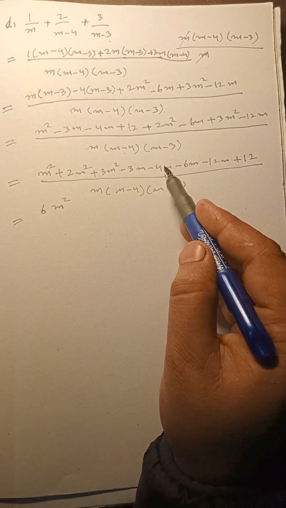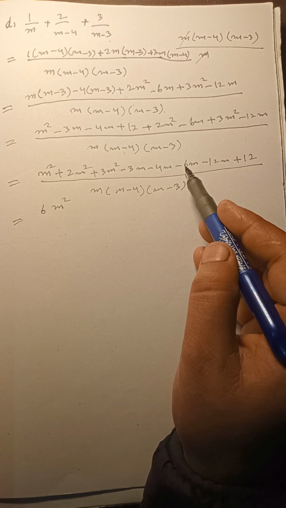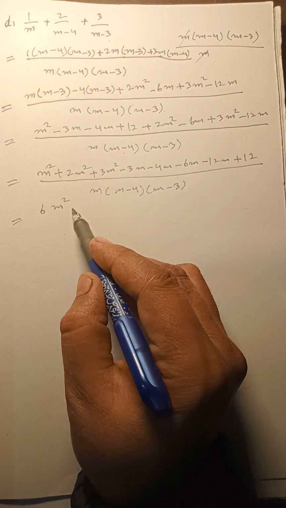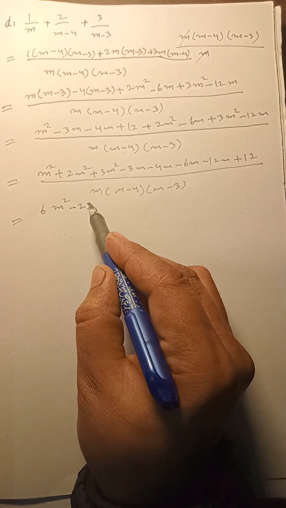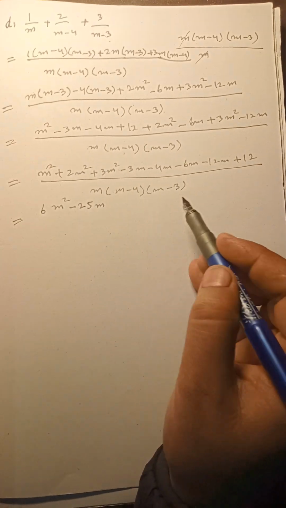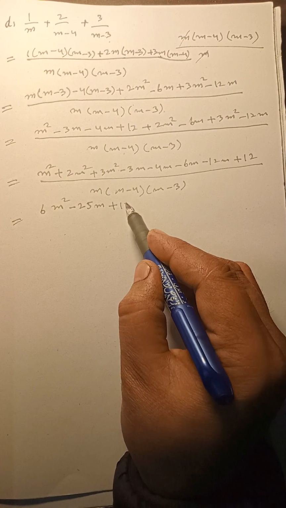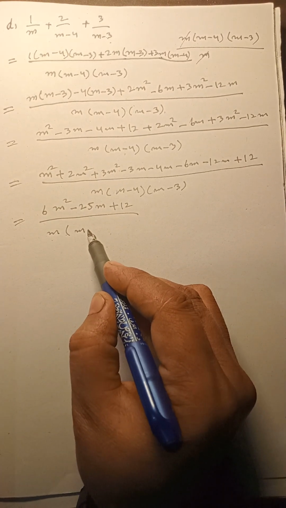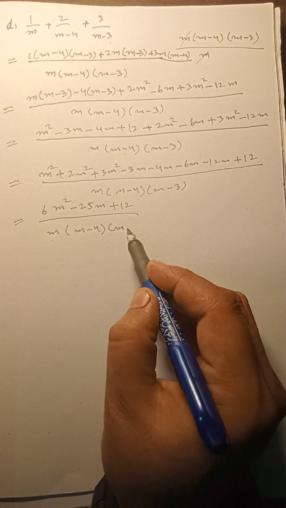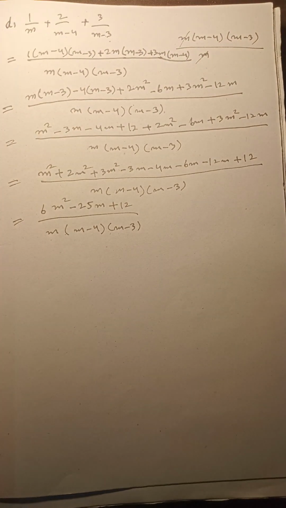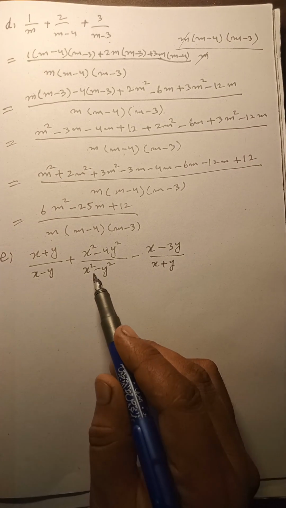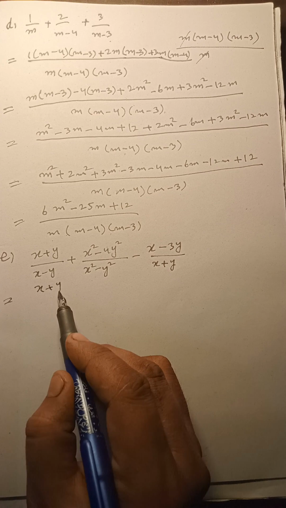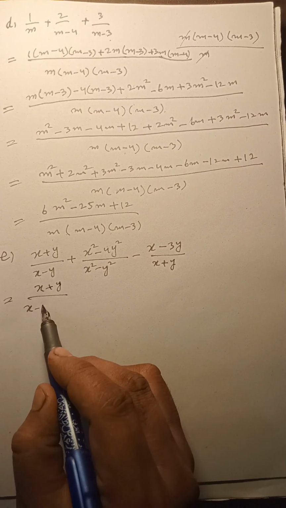So 3 and 4 are 7, 7 and 6 makes 13, 13 and 12 makes 25, and there will be a minus sign on 25m, then plus 12 over m into m minus 4 into m minus 3. See here, this denominator needs to be simplified, and all the other denominators are also already simplified.